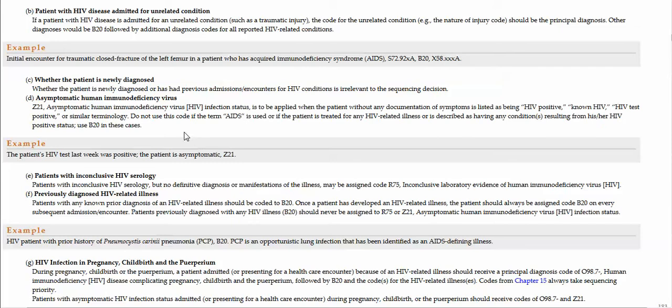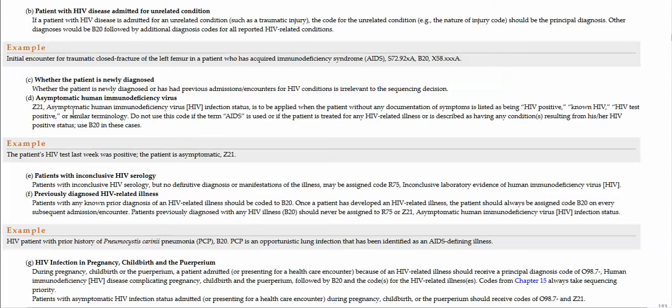If there is the word or term AIDS used anywhere for a patient, or if they are being treated for any type of HIV illness, so they go back to Kaposi's sarcoma, they're being treated for that, or if they have any other condition that is as a result of their HIV positive status, they no longer are just asymptomatic, right?